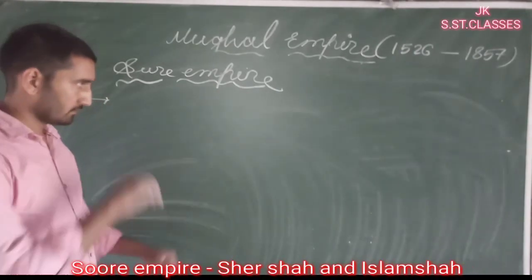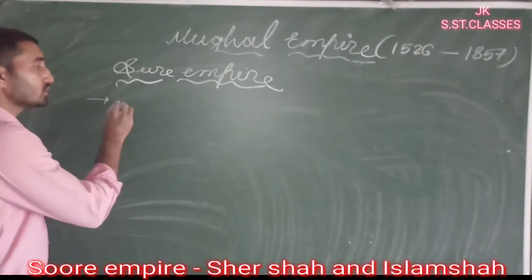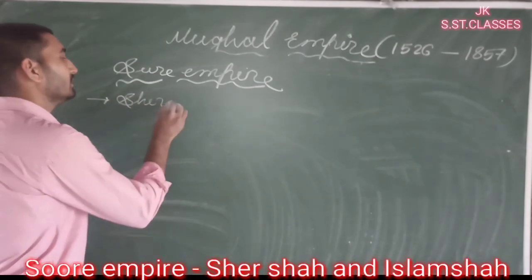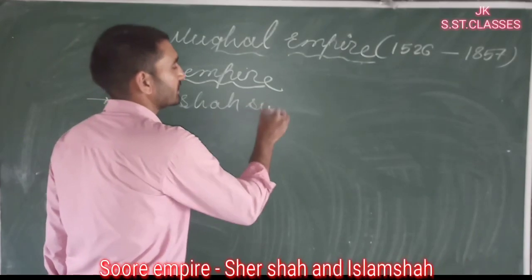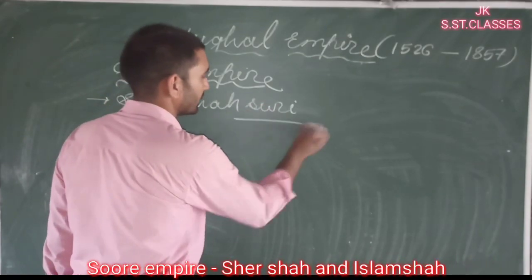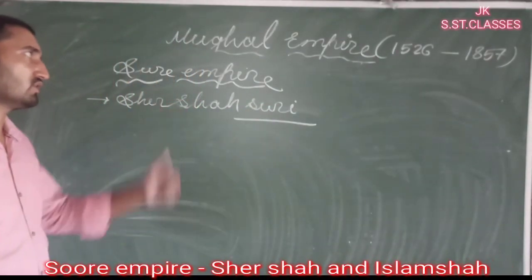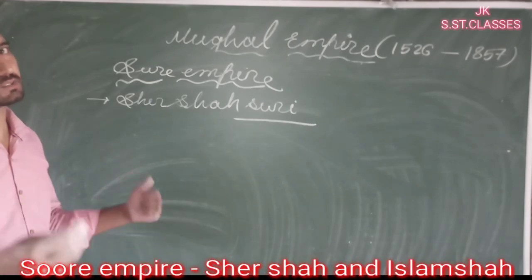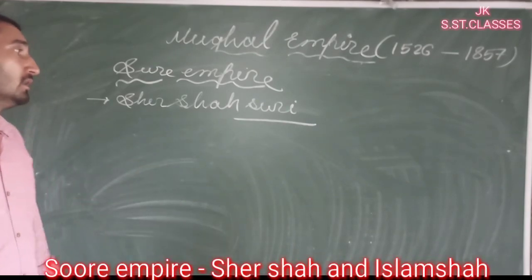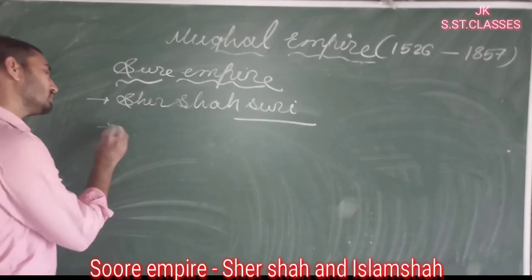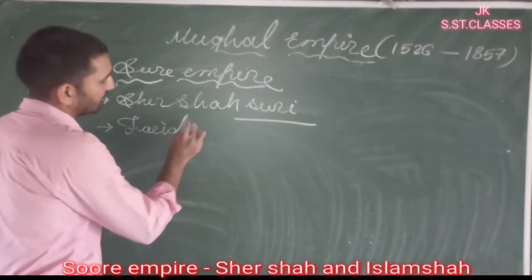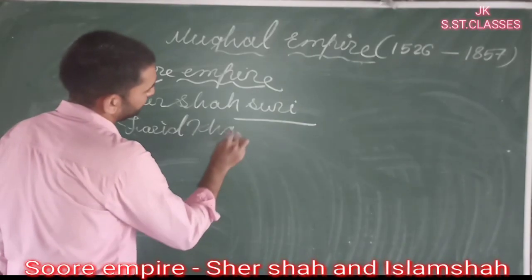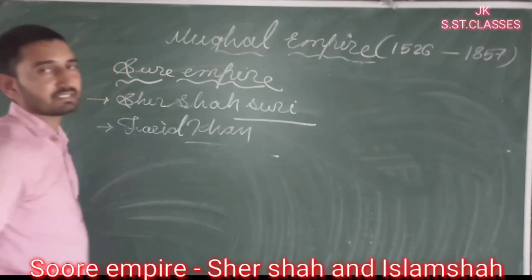The Soore Empire was founded by Sher Shah Soore. Sher Shah Soore was known as Farid Khan, which was his childhood name.